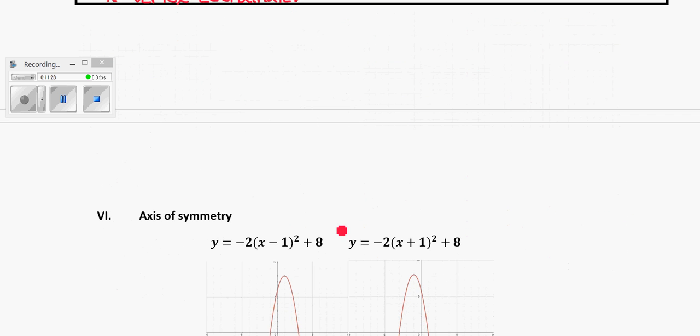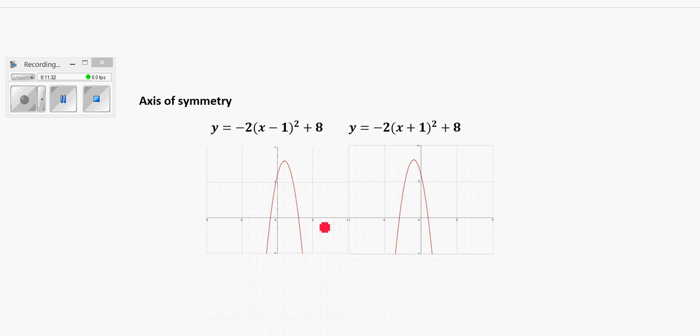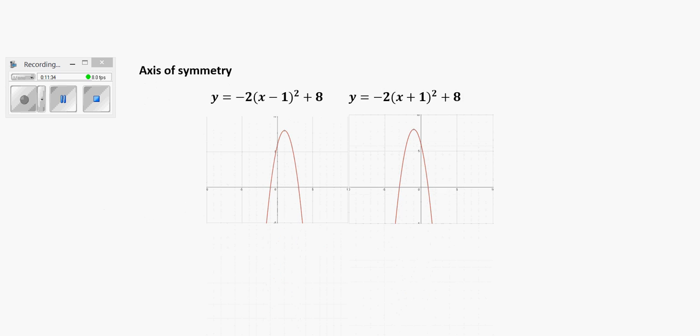Okay, so moving on to axis of symmetry. The axis of symmetry in the definition is the line that divides the parabola right in half, so it creates a mirror image. On this first parabola, that dotted line there is what divides the parabola in half.